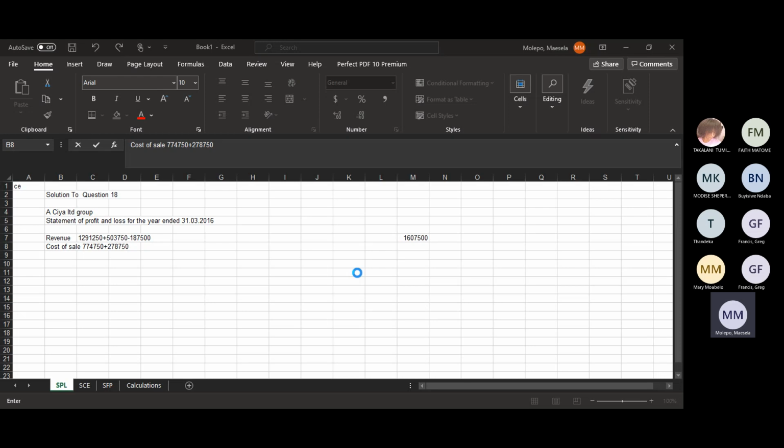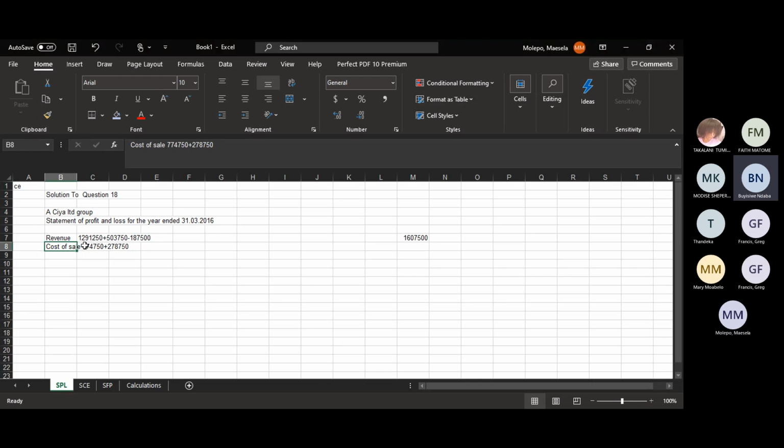As we know, purchases affect the cost of sales, so our cost of sales also needs to be reduced by the 187,500 from the group, not the parent.